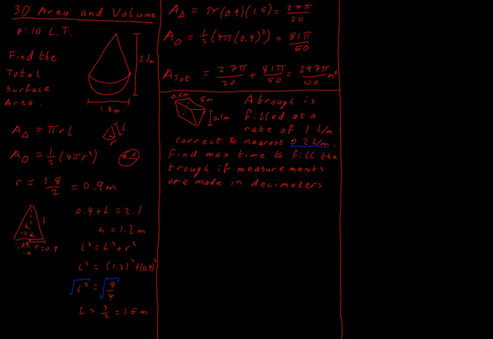We are measuring correct to a particular decimal. And here we are told that our length measurements are done in decimeters. That is tenths of a meter, or 10 centimeter increments. So we have been given accuracy information.